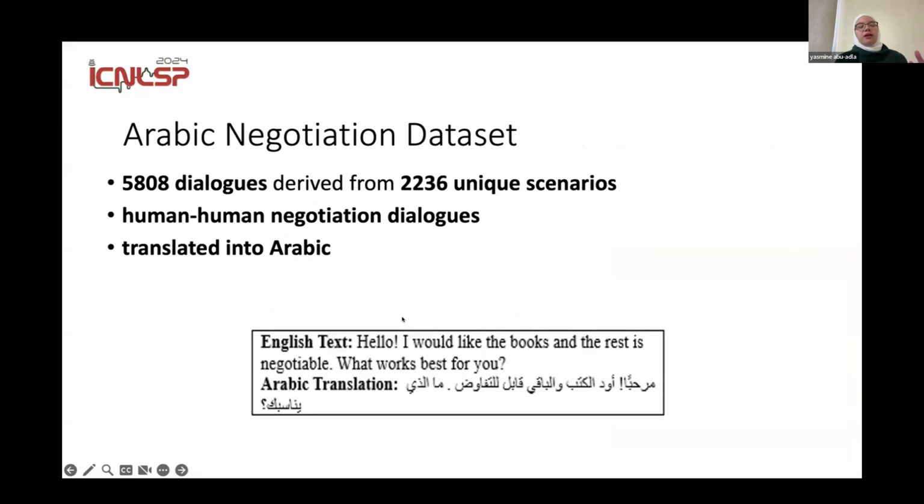This dataset was taken and translated into Arabic using Google Translate, and some additional validation was done to ensure that the dataset was up to par for the Arabic language. It contained 5,800 dialogues derived from approximately 2K unique scenarios. And then we split the data into 80% training, 10% validation, and 10% testing.